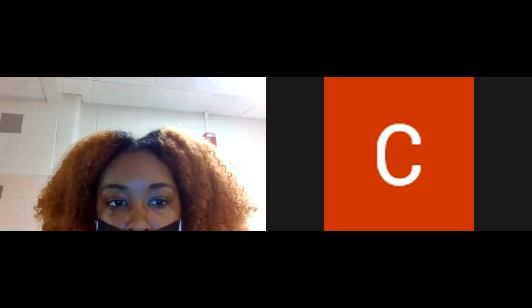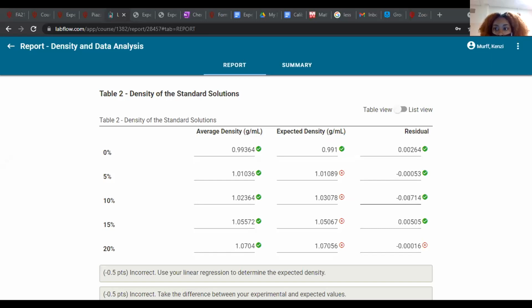It did the same thing for my friend too, but we didn't have the same data. He had a different partner, but he had the same problem. And I redid everything.